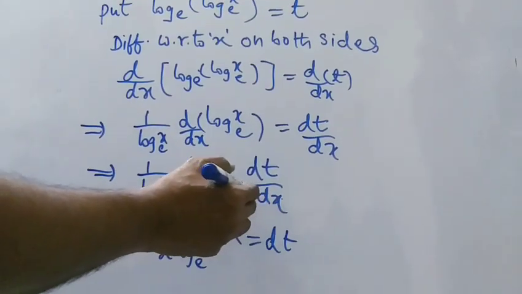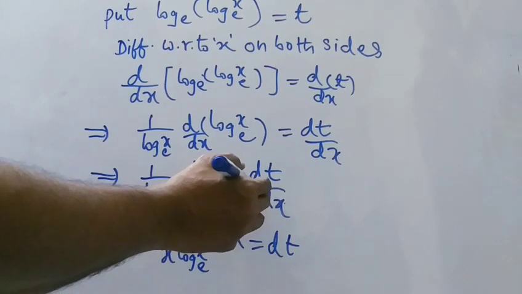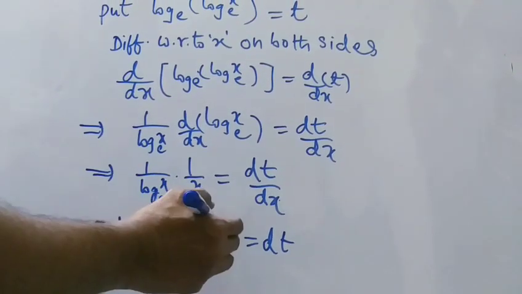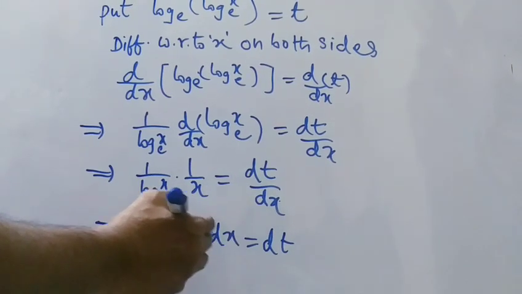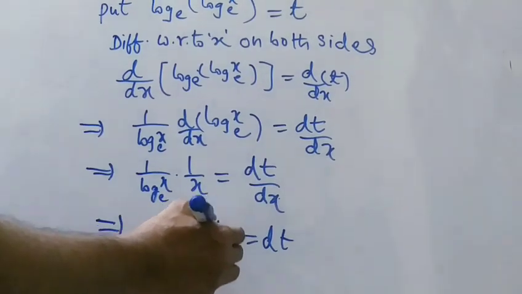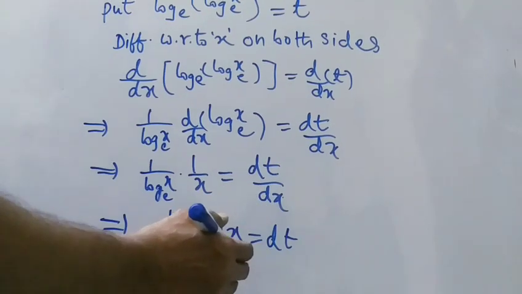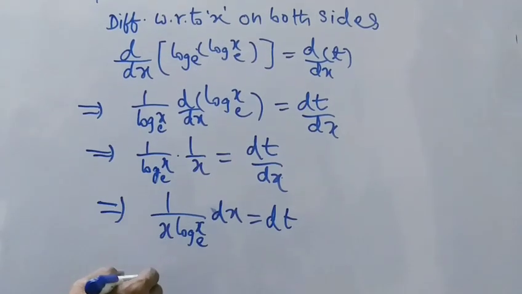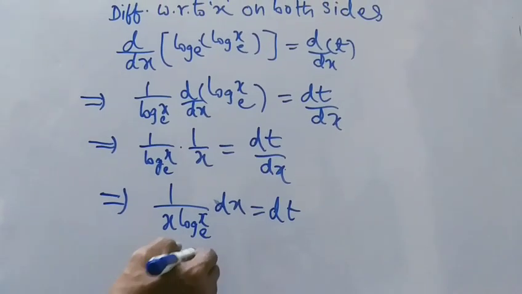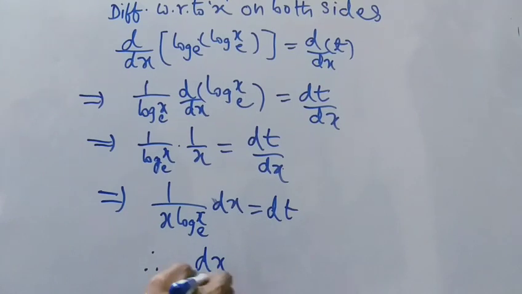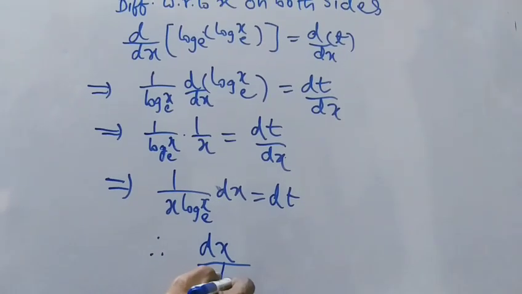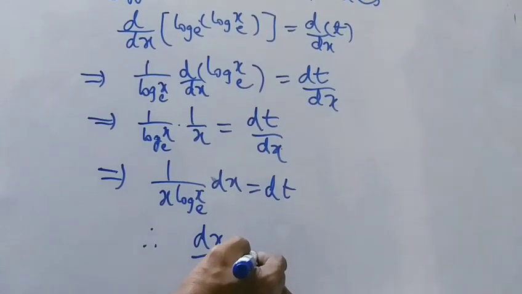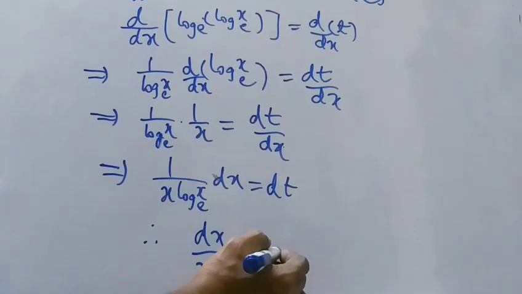On cross multiplication, now we have to transpose dx to the left side, it becomes numerator on transposing. So 1 by x log x to the base e dx is equal to dt. Therefore, dx by x into log x to the base e is equal to dt.